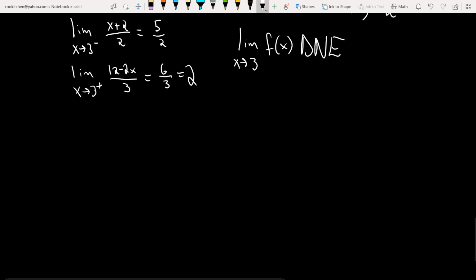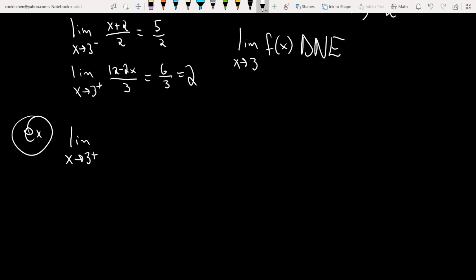Let's look at another one. Number 20. This is another example. The limit as x goes to 3 from the right of the ln of x minus 3. We wouldn't be able to take the limit of this in general because it's going to have an asymptote at 3.